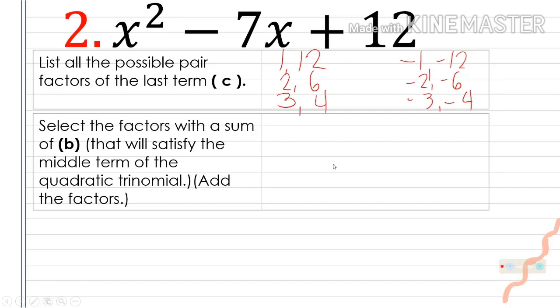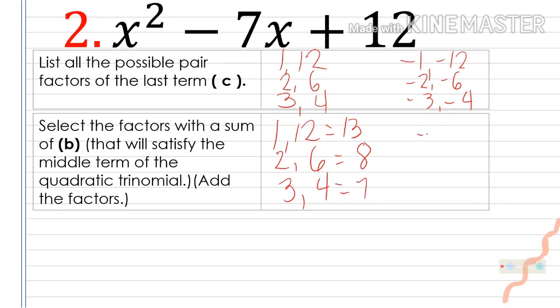On the first pair of factors, 1 and 12, we have the sum which is 13. On the second pair, we have 8. On the third pair, again, we have 7.